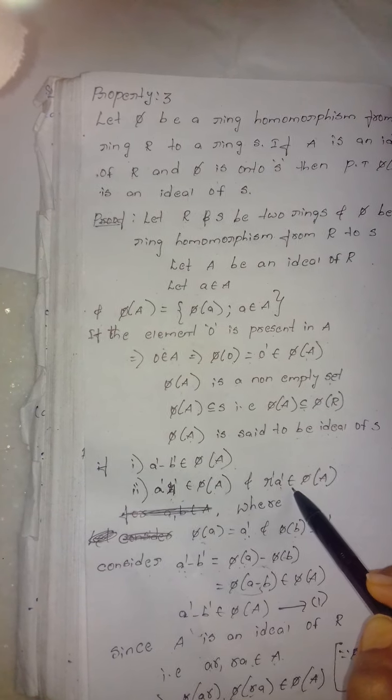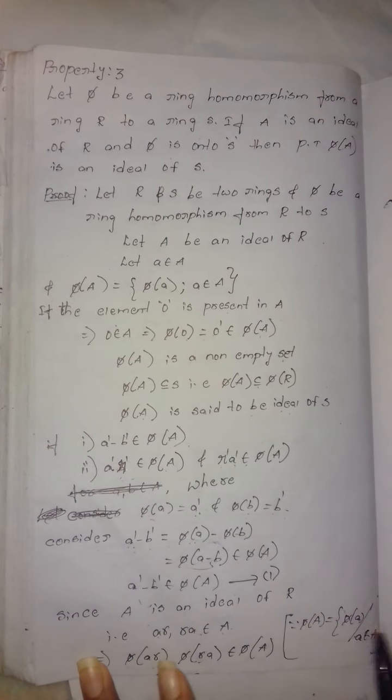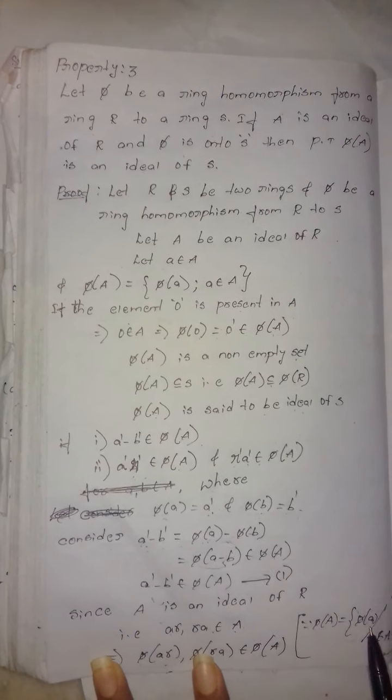Second condition, we have to prove the right ideal and left ideal. Since in the statement itself they gave that A is an ideal of R, the left ideal and right ideal elements belong to A. Now, if ra belongs to A, then if a belongs to A we write pi of a.